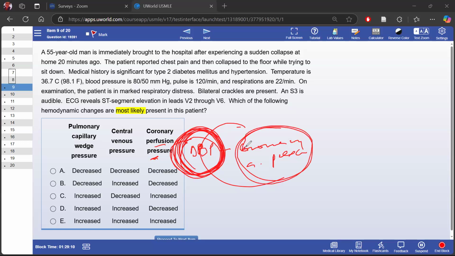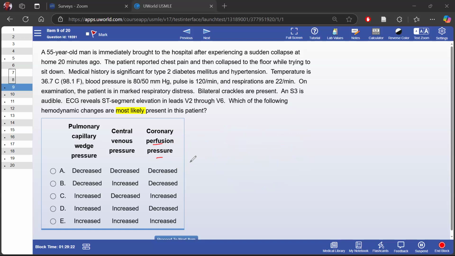Maybe the coronary artery gets compressed, for instance, by the myocardium. So perfusion pressure for any organ is typically the difference between the pressure in the aorta and the pressure in the vessels of that organ.